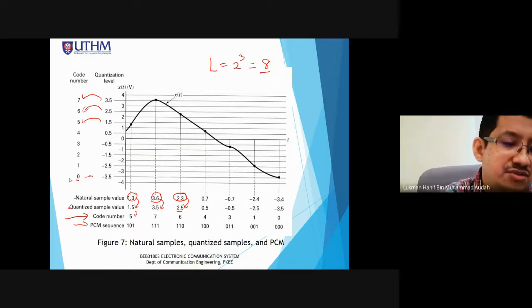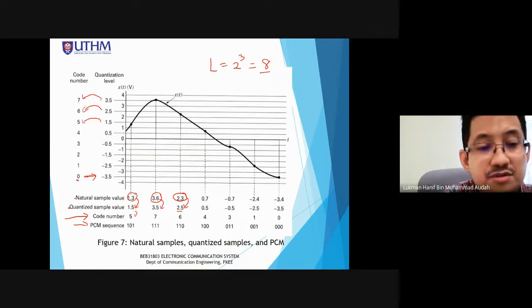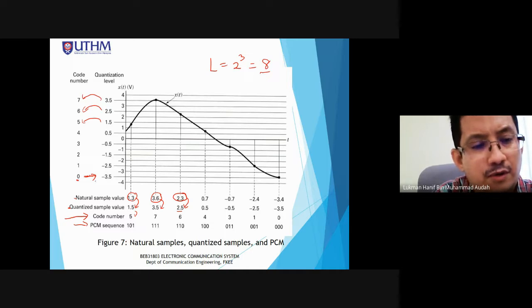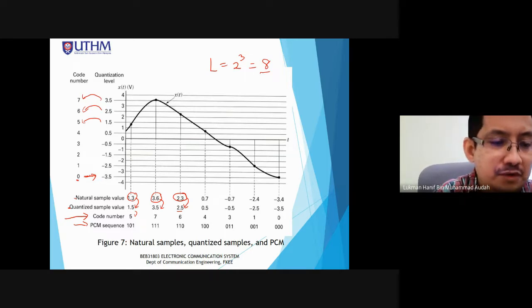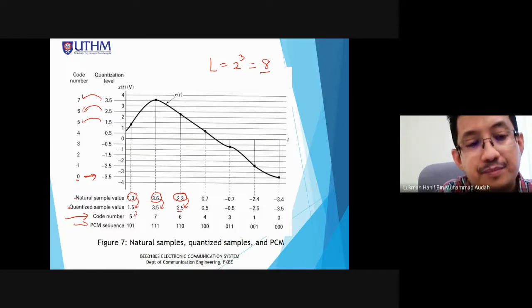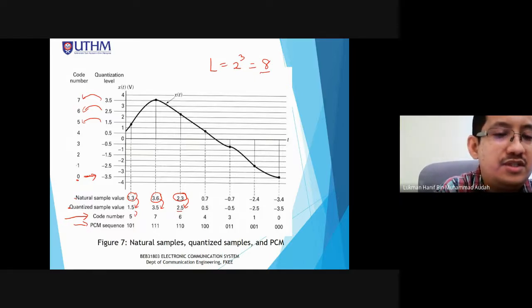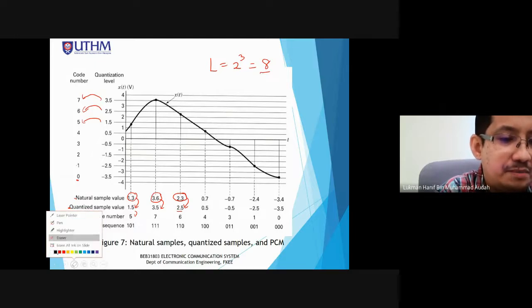So we assign 0. Okay, we assign 0 for minus 3.5 volt, and then code number 1, code number 2, code number 3, code number 4, code number 5, 6, and 7. Okay, so setiap quantization level ini akan map kepada code number masing-masing.